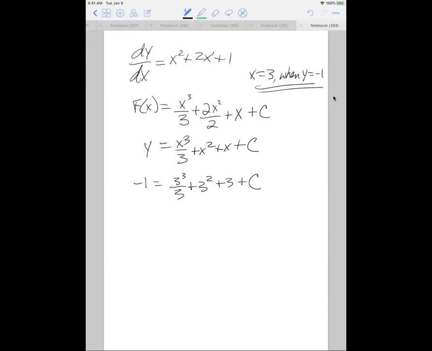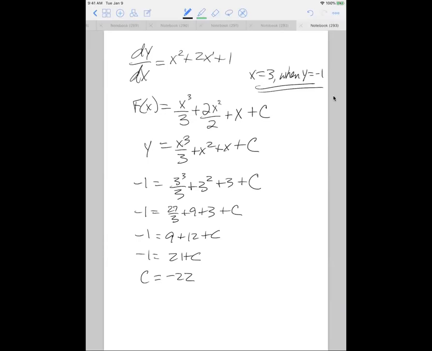So we end up with what? Minus 1 equals 27 over 3 plus 9 plus 3 plus c. So that's negative 1 equals 9 plus 12 plus c. Negative 1 equals 21 plus c. C equals, when I subtract 21, I get negative 22. So I have found the answer.